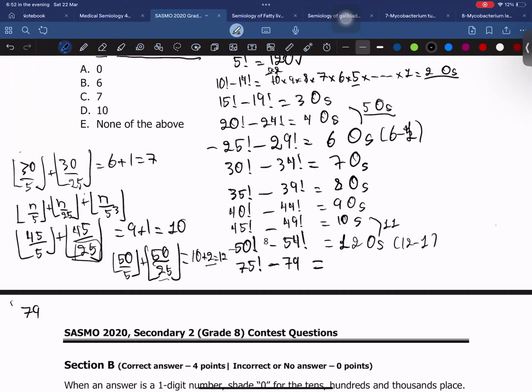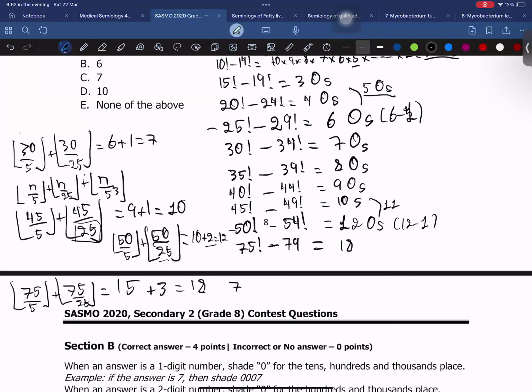Let's say 75 factorial: 75 divided by 5 plus 75 over 25. In here we have 15 and 3, so it's 18.